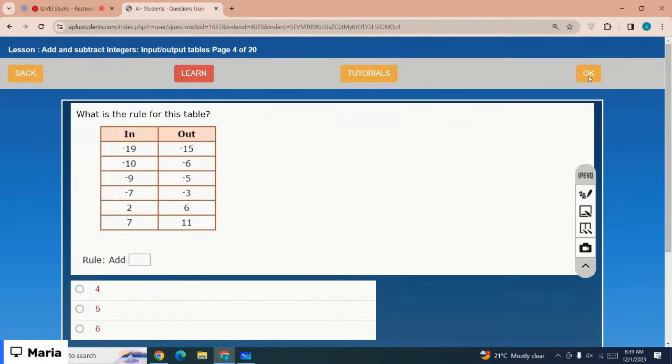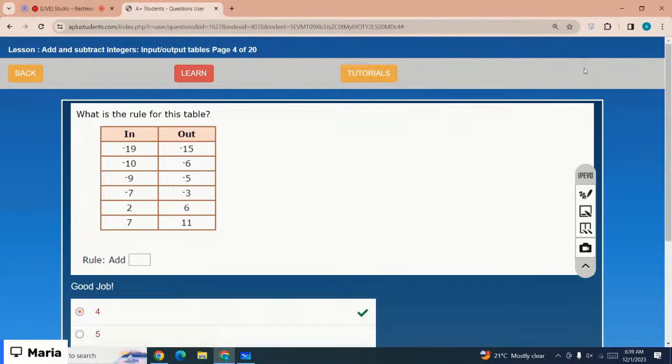Yes, the correct option is you have to add 4, right? Because negative 19 plus 4 equals negative 15, right? So you have to add 4. The correct option is option number 1. You have to add 4.